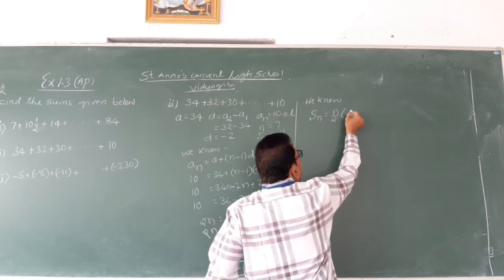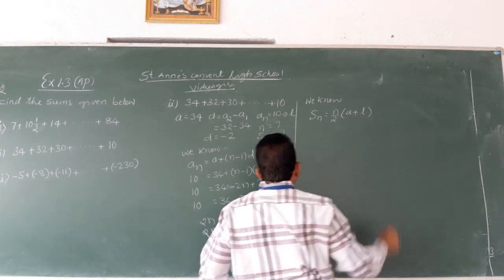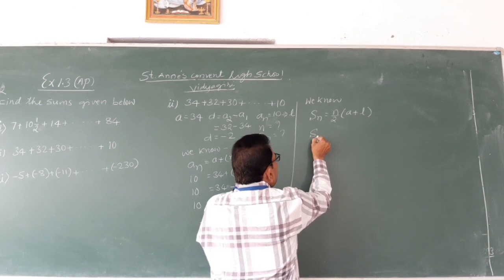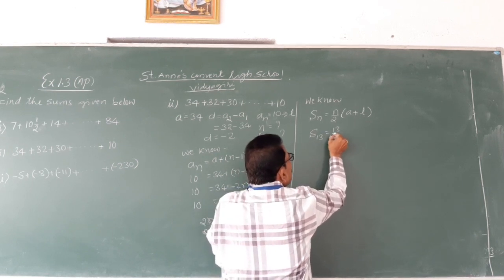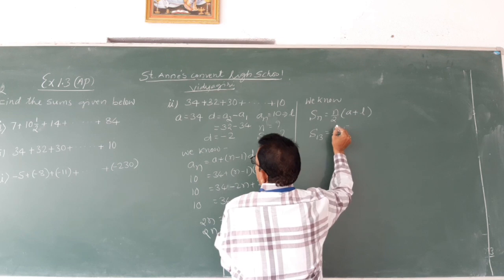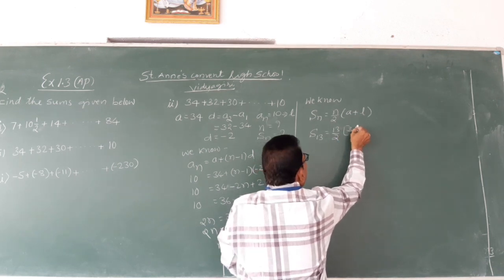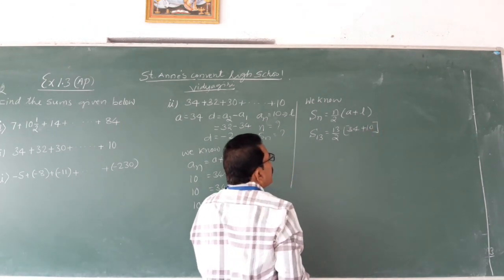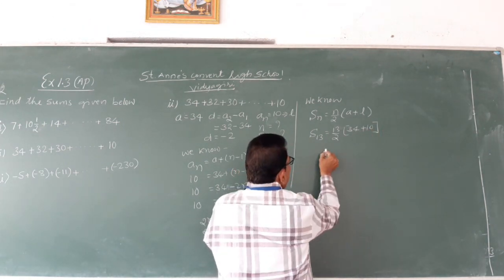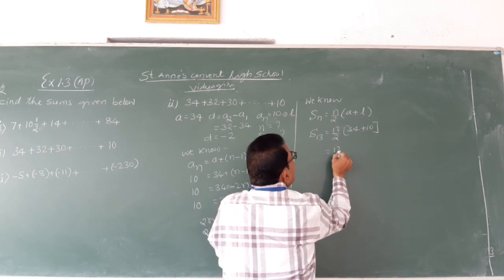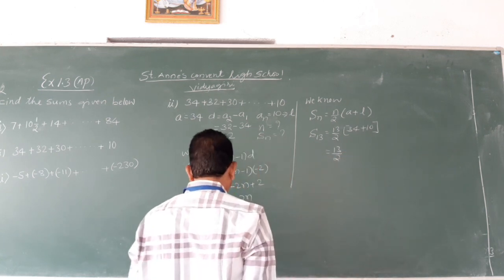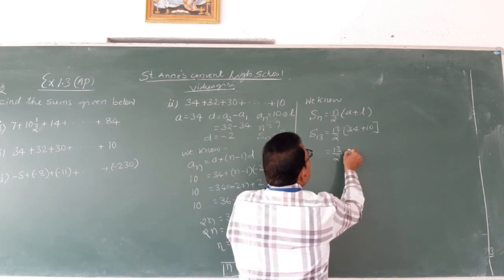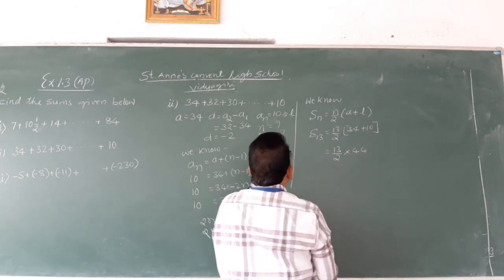n by 2 in the bracket a plus l, because the last term is given. So S13 equals 13 by 2 in the big bracket a plus l, 34 plus 10. 34 plus 10, that is equal to 13 by 2 into 44.